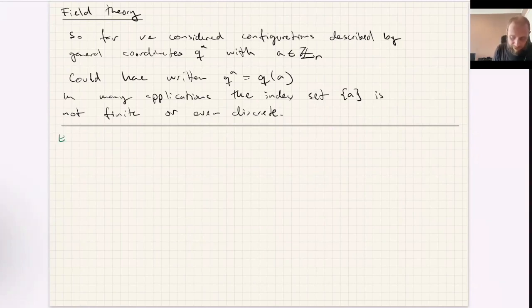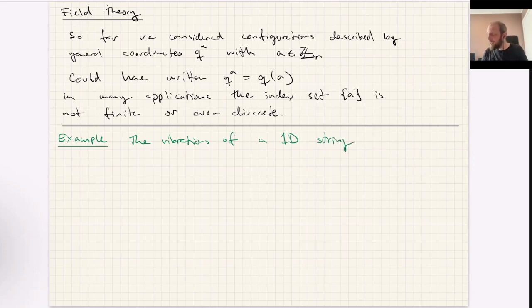So just as I mentioned the gravitational and the electromagnetic field, I want to take a simpler example, actually. Consider the vibrations of a 1D string, a one-dimensional string. So the vibrations go in one dimension. Let's say I have something like this. I have two walls, and in between them I have a string.